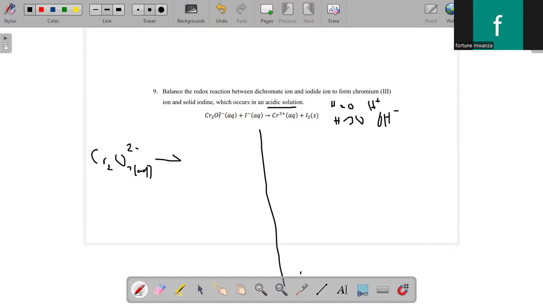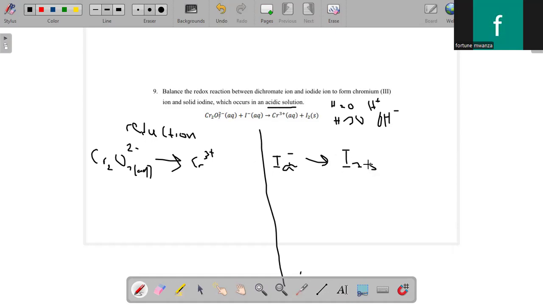it's giving me the chromium 3 ion, with a 3 plus. So you can see this is a reduction reaction. Then on the other side, you have your iodide ion in aqueous, then giving us iodine metal.